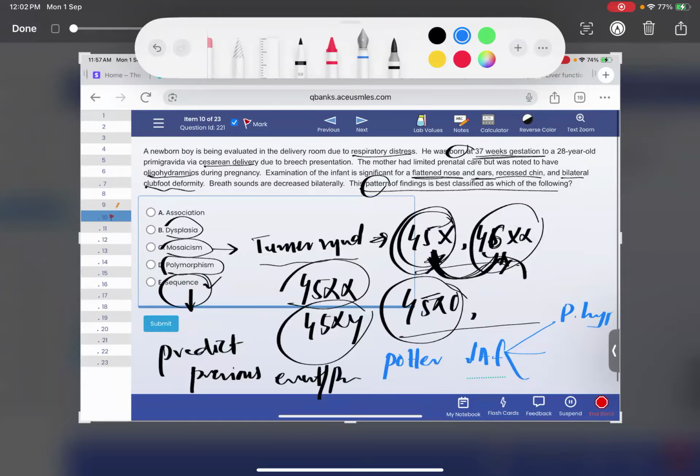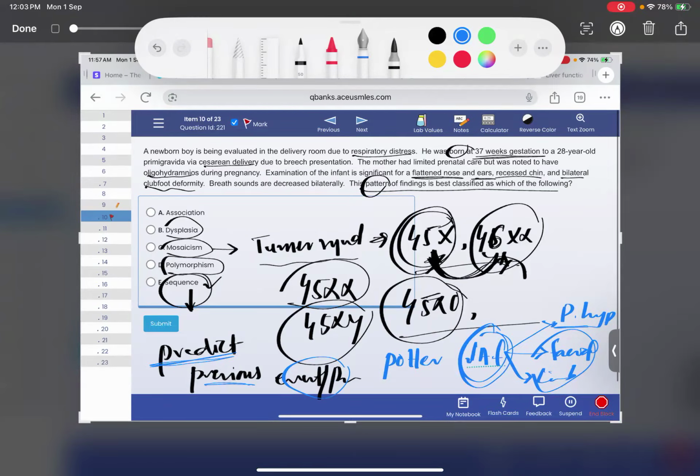Pulmonary hypoplasia, because pulmonary development needs fluid. Limb and facial abnormalities also need this fluid for cushioning, right? So if we predict any consequence of a disease from a previous event or problem, we say that is a sequence, okay?